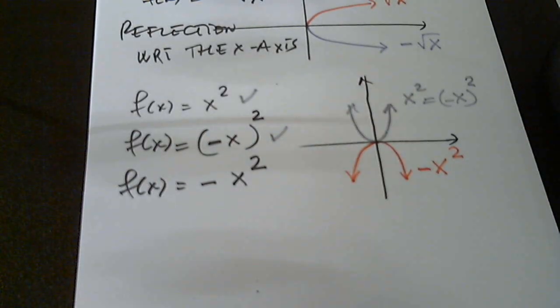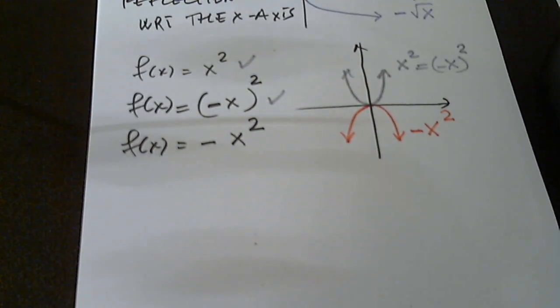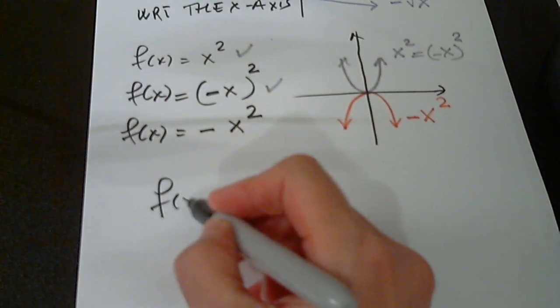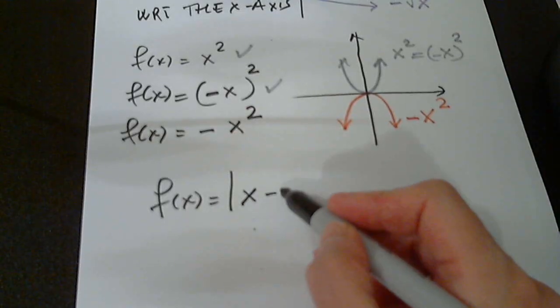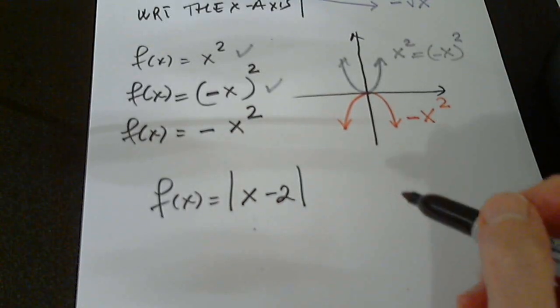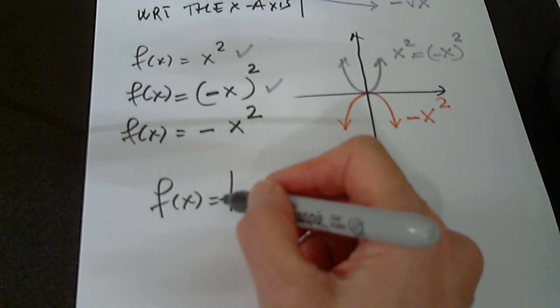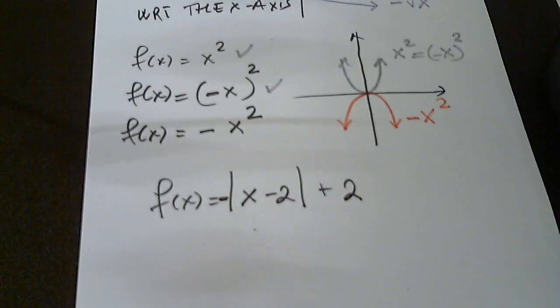Now I would like to combine all of the above, all transformations we had. Here it is. F of x equals the absolute value of x minus 2, with minus in front, sorry, and plus 2.